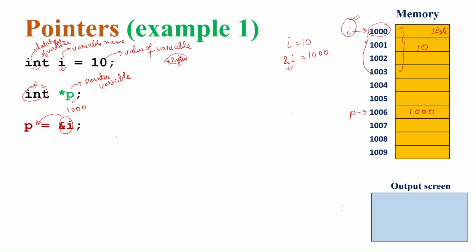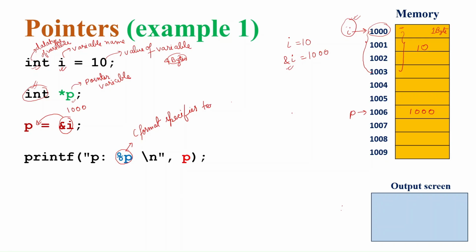Next is printf p colon percent p backslash n, p. What is this percent p? It is a C format specifier to print the address of a memory cell.